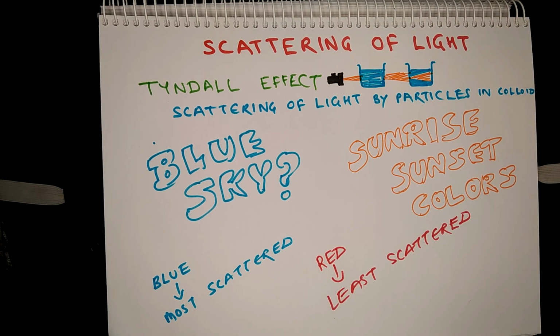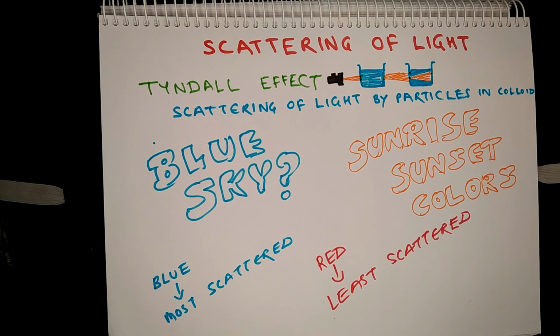In your science lesson in class 9th, you must have read about mixture, suspension and colloid, and you must have read that when you throw a torchlight on a colloid, you can clearly see a beam of light, and the beam of light can be seen because of scattering of light.